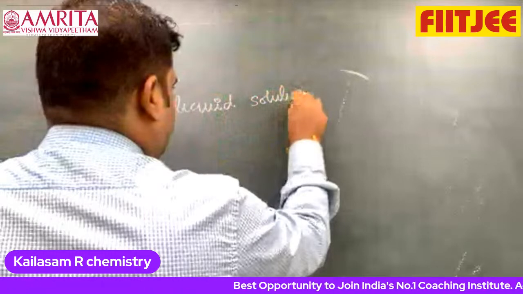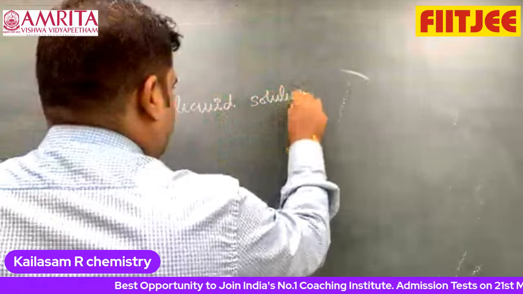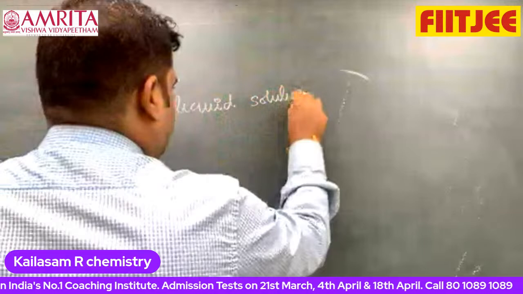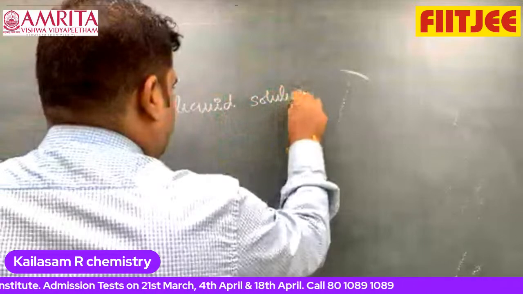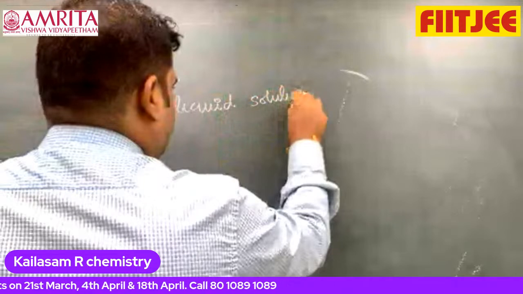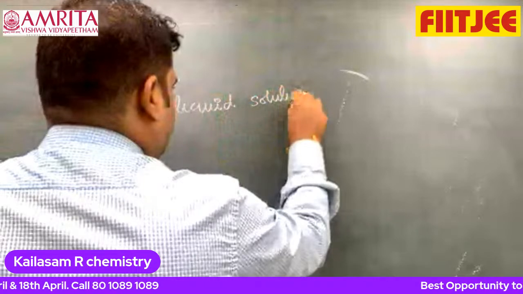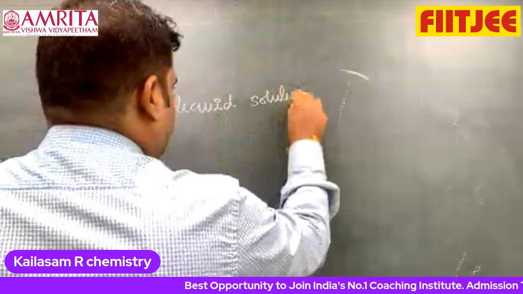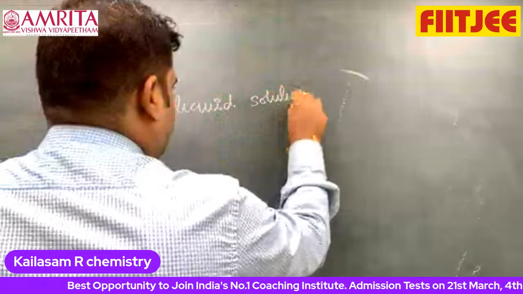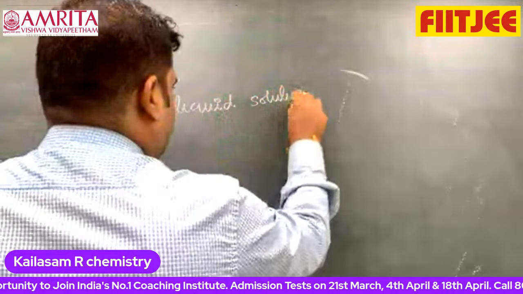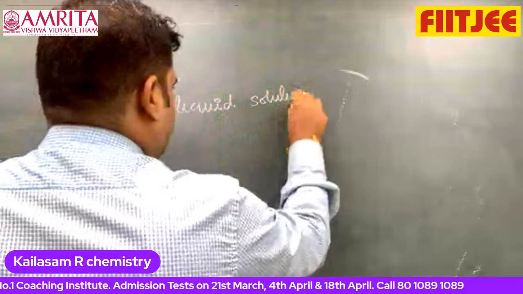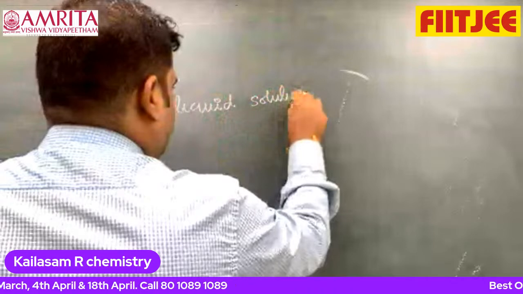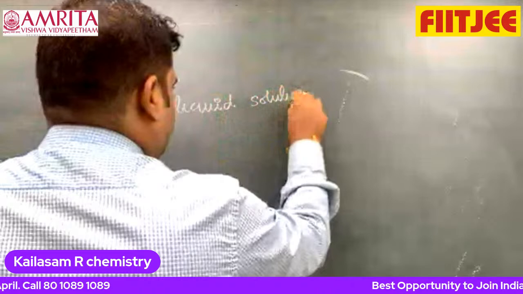The first one. So what is vapor pressure? Let us take this closed container which has a liquid. Obviously this is the surface area, and the liquid has a tendency to escape into the vapor state.